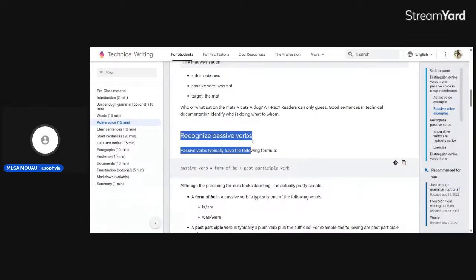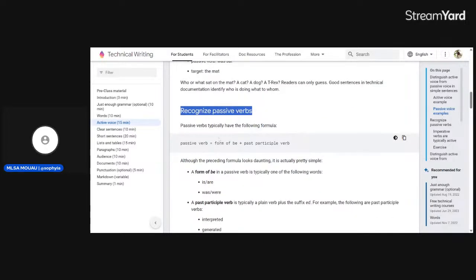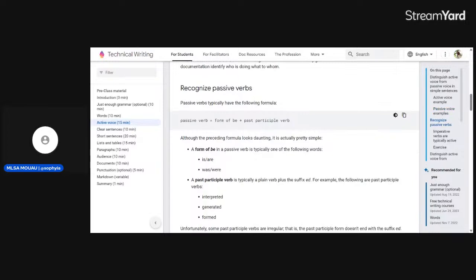Right, let's talk about how to recognize passive verbs. This is a formula to recognize passive verbs: form of be plus past participle verb. A form of be in a passive verb would be either are, was, were, or is.